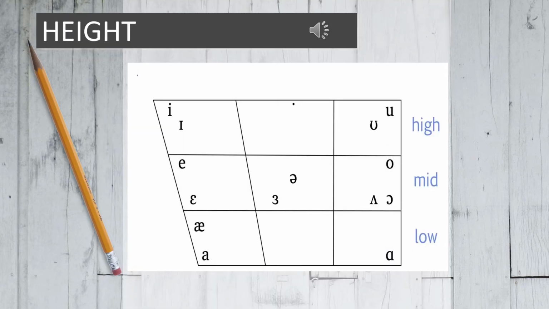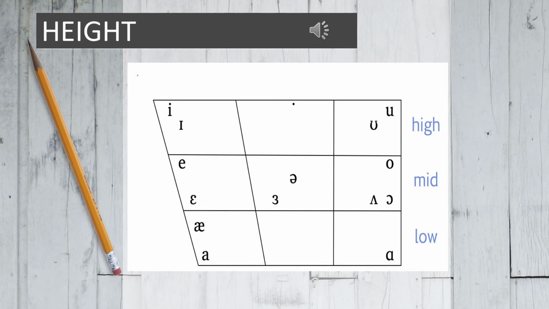Height. When describing height, three values are used. First, high, very close to the roof of the mouth. For example, E in words like heat, U in words like hood. Second, mid, midway between the roof of the mouth and the jaw.